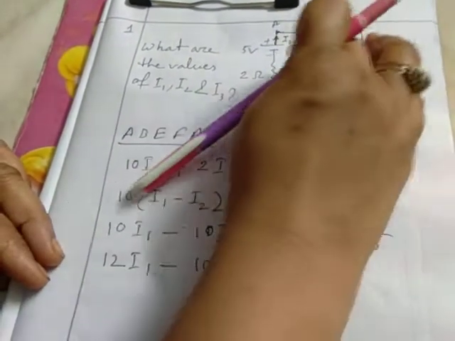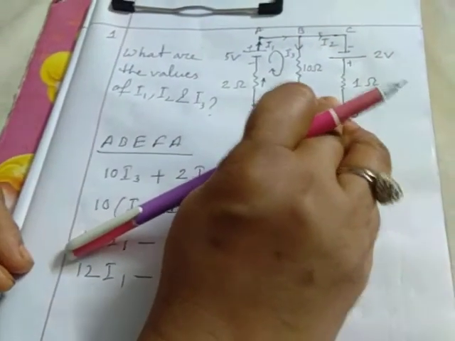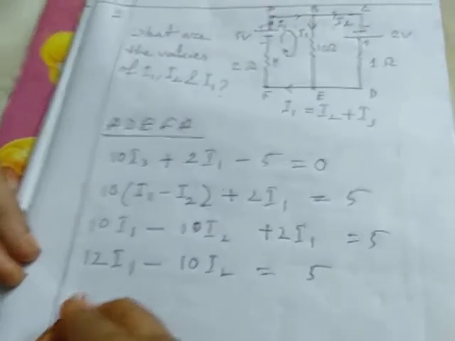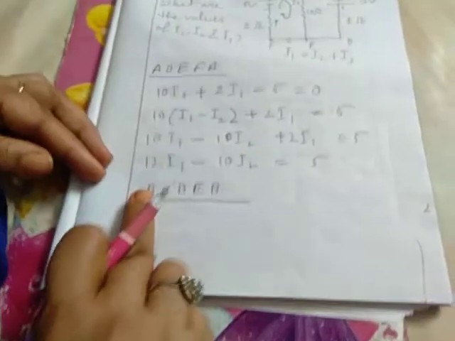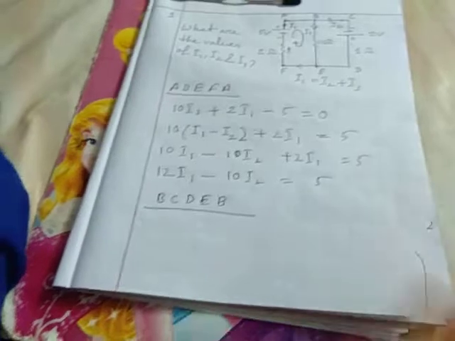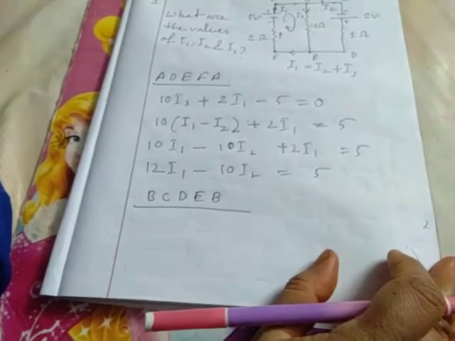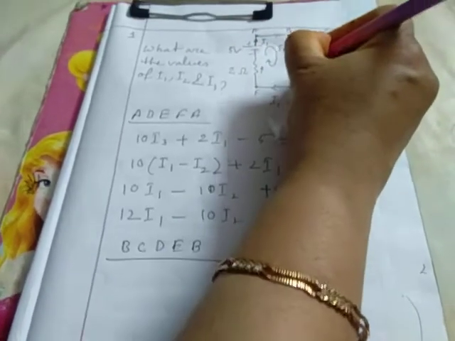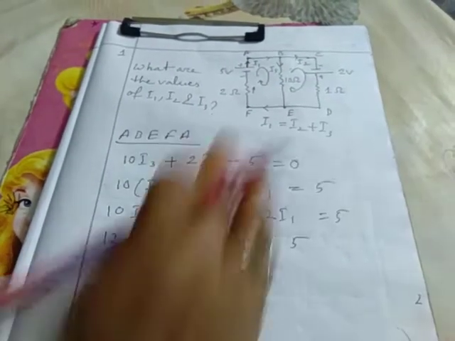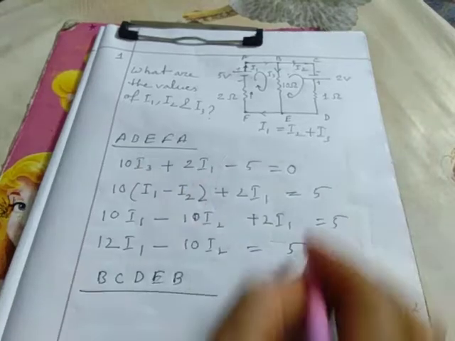Now if you apply Kirchhoff's law in this loop, that means B, C, D, E, again B, that means from where you start, there you reach. In this loop you are applying Kirchhoff's voltage law in clockwise direction. That means I2 is moving this way, you are also moving in that direction.